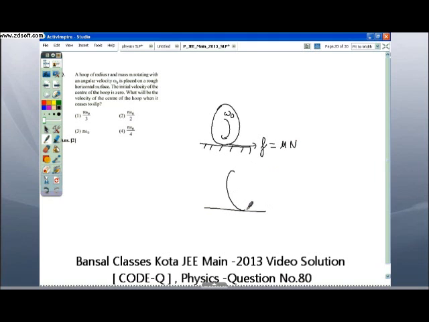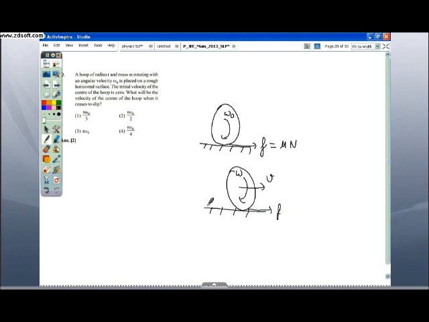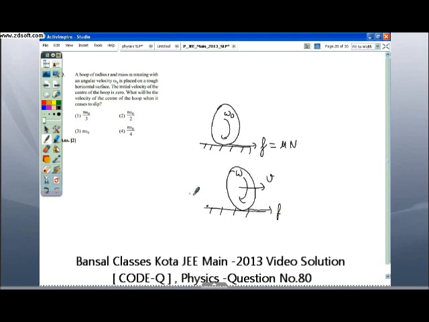After some time, the situation will be such that this will acquire a velocity v, and because of the torque due to the friction, the angular acceleration alpha will be in the opposite direction, so angular velocity reduces. We know that relative to any point on the ground, the torque of the friction would be equal to 0.